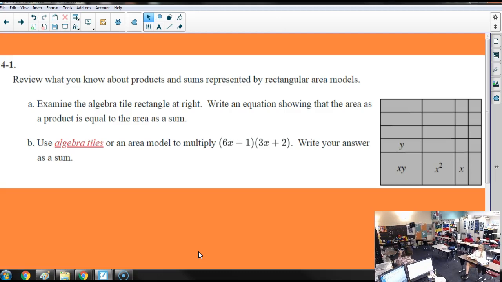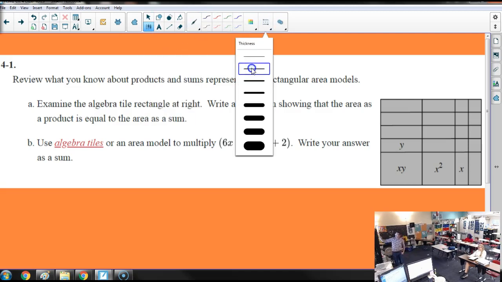Let's write an equation showing this area, but as a sum. So xy is one type of tile that we have.